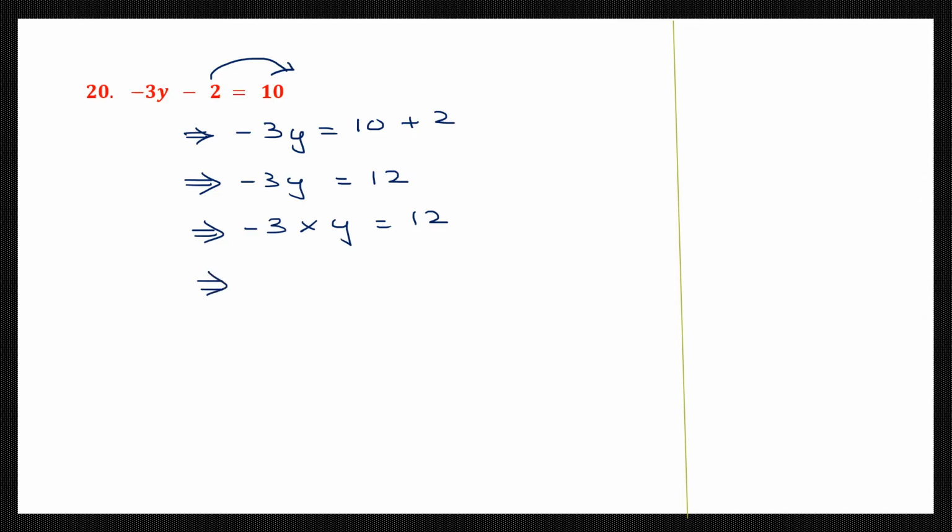To solve for y, we write 12 as it is. We transpose minus 3 to the other side. It becomes division because it's multiplication here. So the sign is plus. Now plus into minus is minus. 12 divided by 3, 3 fours are 12. So we have solved for y. y is equal to minus 4.